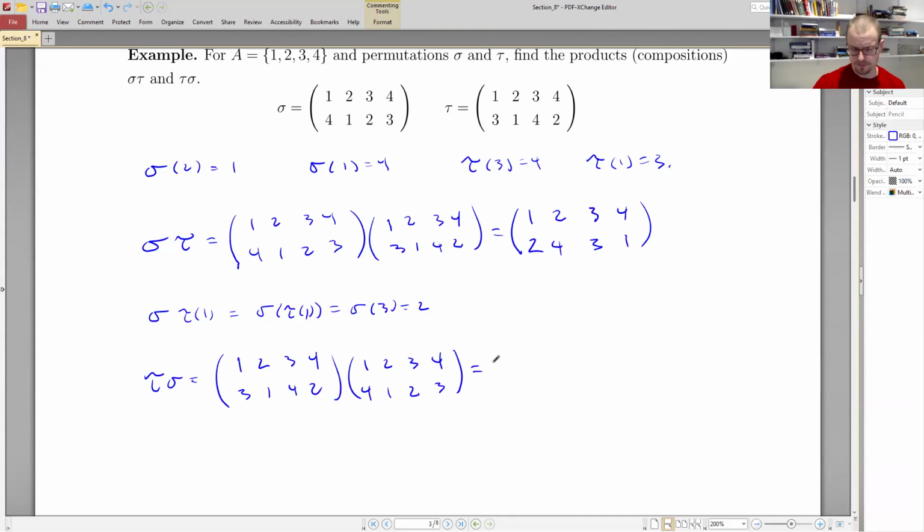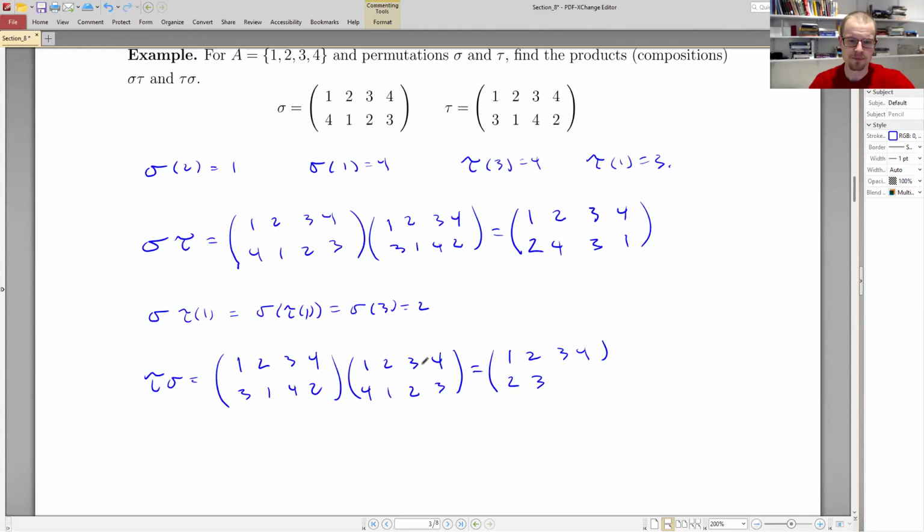Now I would like to evaluate this and come up with our new permutation. So 1, 2, 3, 4. Where is 1 being sent? 1 is being sent to 4, and 4 is being sent to 2. What's happening to 2? 2 is being sent to 1, and 1 is being sent to 3.